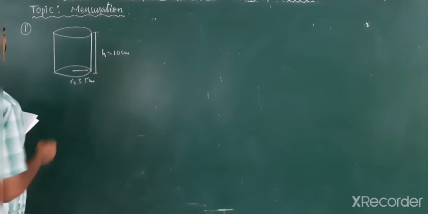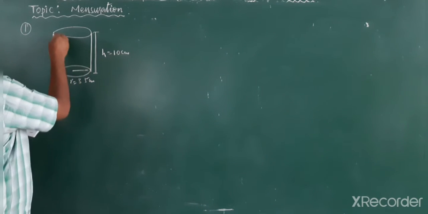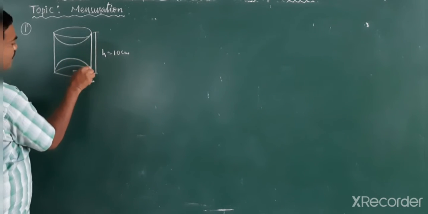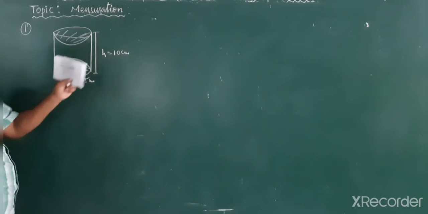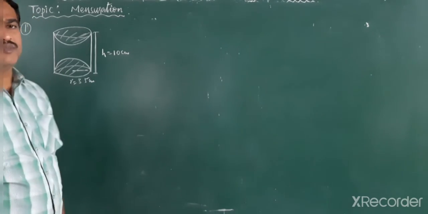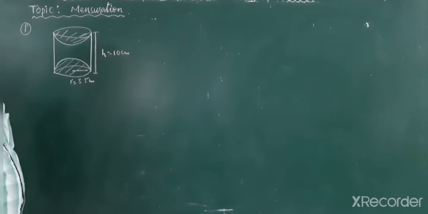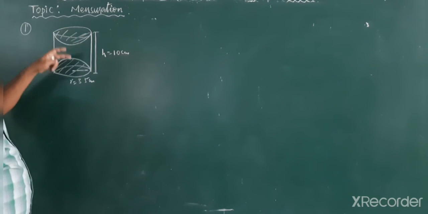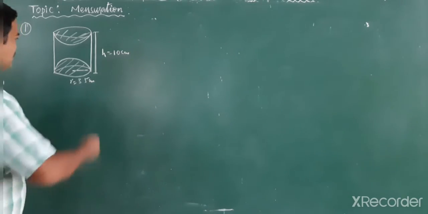Here hemispherical shapes are scooped out from both ends. If we remove these hemispheres, we need to find the total surface area of the remaining solid. So we have to find the curved surface area of the cylinder plus 2 into the curved surface area of the hemispheres, and we will get the total surface area of this solid.